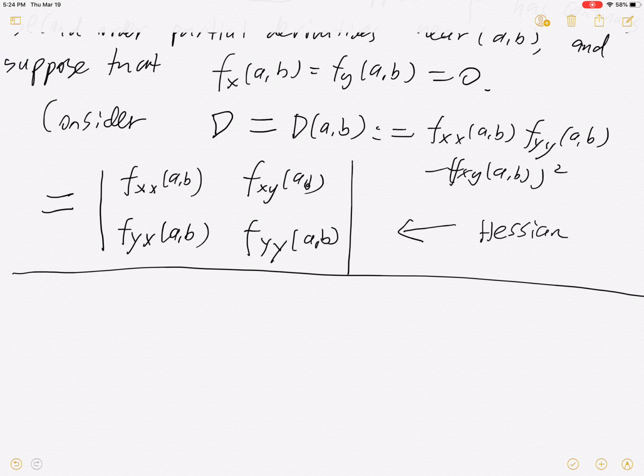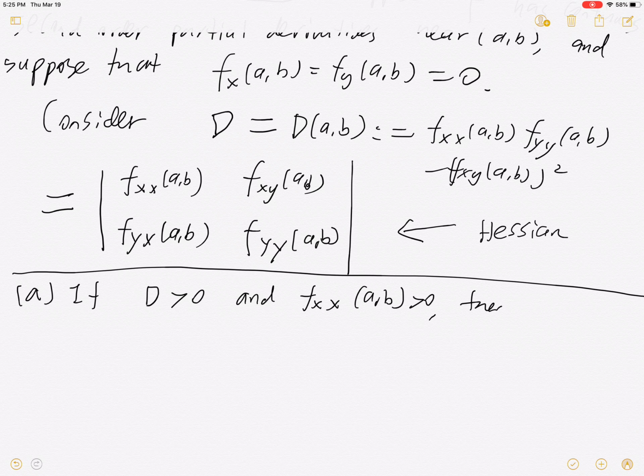Okay, then our test will be based on the positivity of D and some actual properties. So first case, if D is greater than 0 and f_xx(a, b) is greater than 0, then f(a, b) is a local minimum.